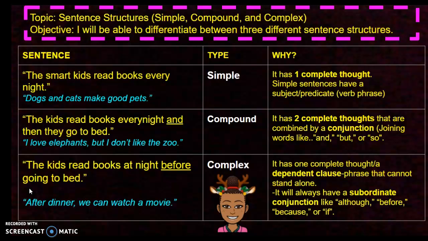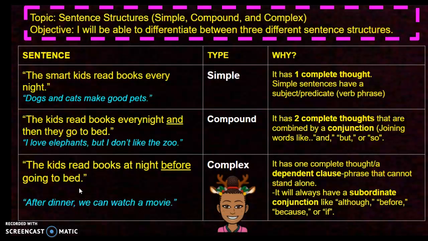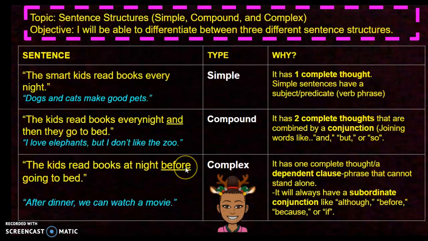You're absolutely right. The kids read books at night, that's a complete thought, okay? Before going to bed, that's a dependent clause. That can't stand alone as a sentence by itself, okay? And so you have those two pieces together that are joined by this subordinate conjunction, okay?